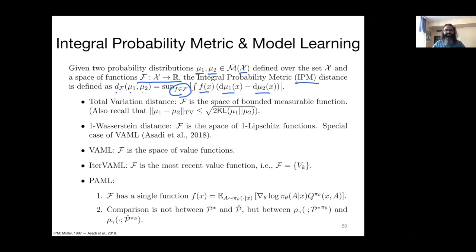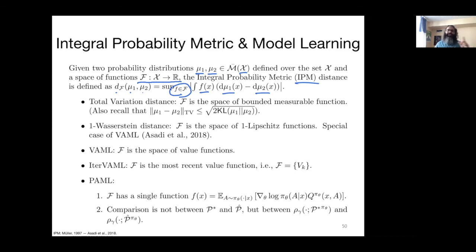I think it's also called a witness function, a witness of the difference between the two. The general idea is that if the function space is simple, then from the perspective of that function space, two distributions might be very close or the same. If the function space has very complicated functions, then those two distributions might be very different from that perspective.